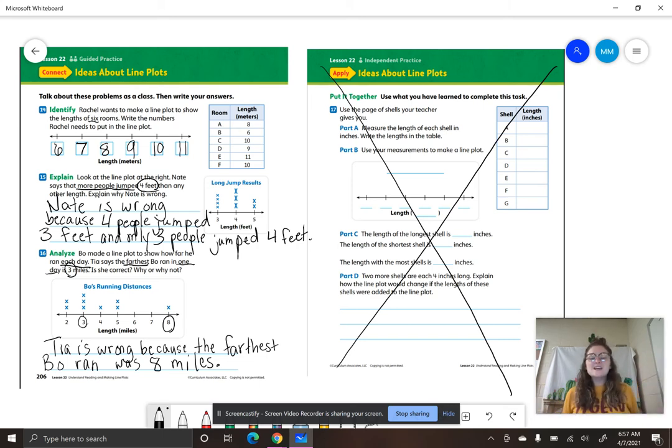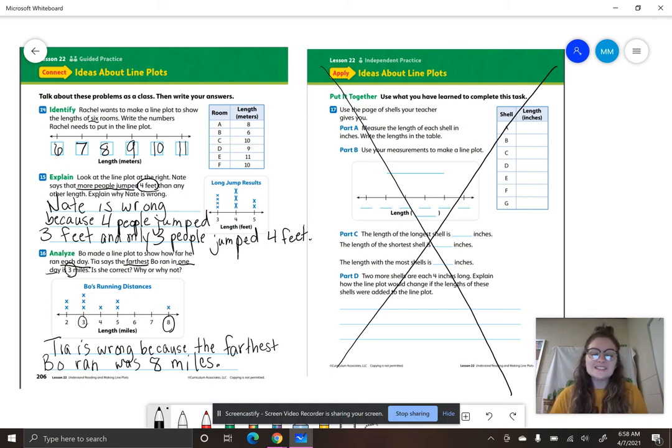So we are going to skip page 207 right now. We might come back to that. Actually, oh my goodness, Smarties, I am so sorry. If you already put an X through that, go ahead and erase it. But for right now, we are not going to do page 207 because I do not have the page of shells for you right now.